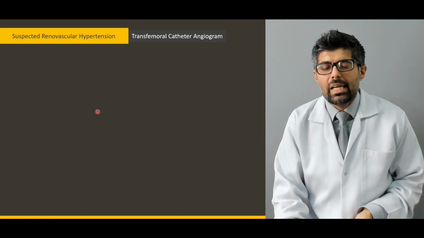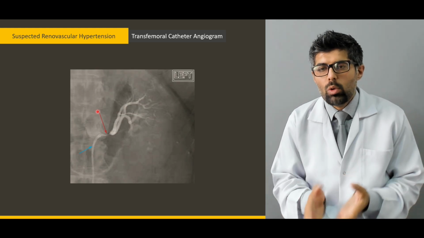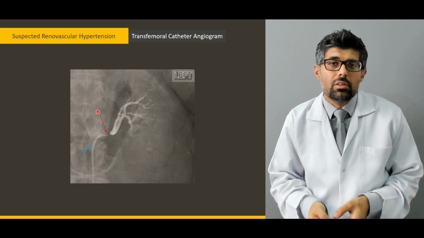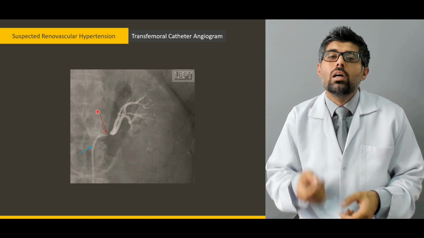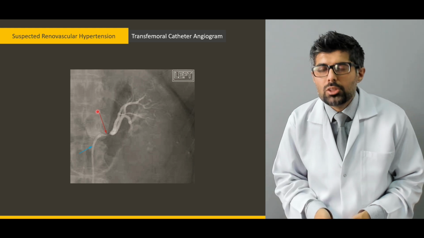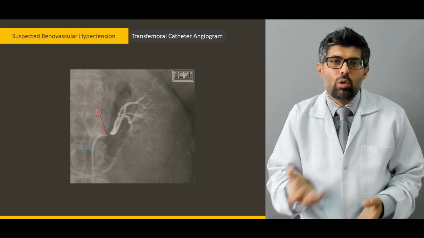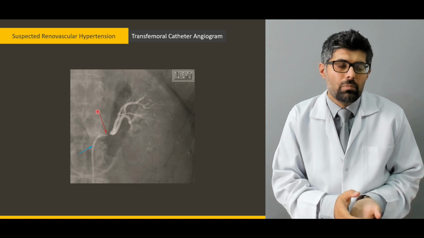Now, in the next study, what we are doing is inserting a catheter in the femoral vein, introducing the contrast medium, and then taking rapid images of that contrast medium.